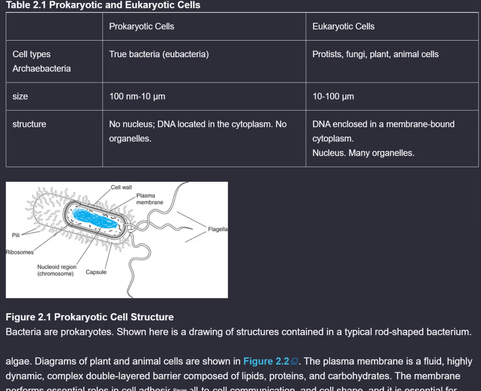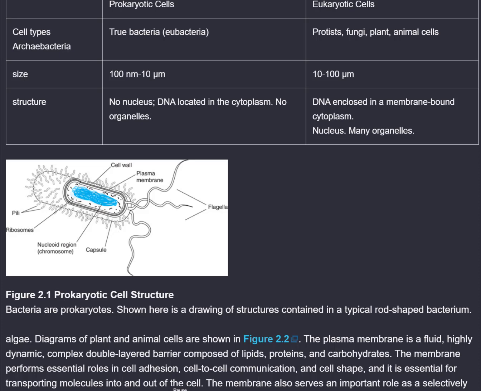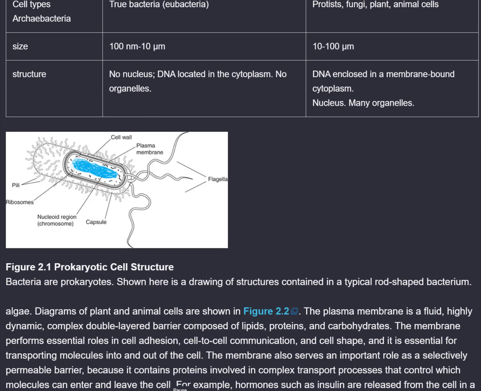Table 2.1 Prokaryotic and eukaryotic cells. Prokaryotic cells. Eukaryotic cells. Cell types: Archaebacteria, true bacteria, eubacteria. Protists, fungi, plant, animal cells.